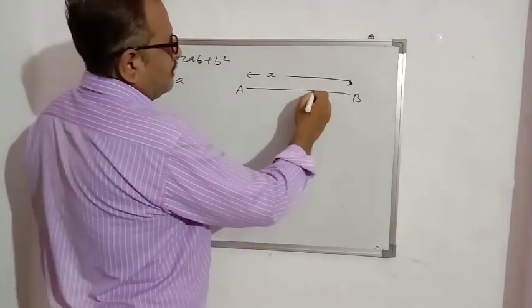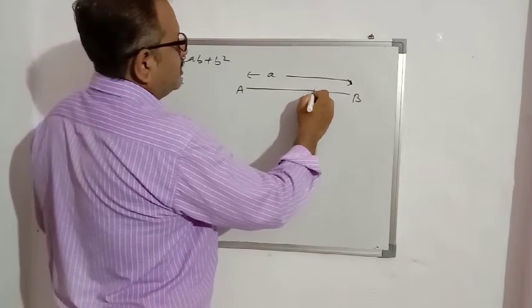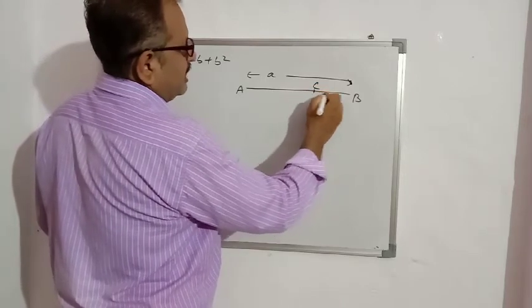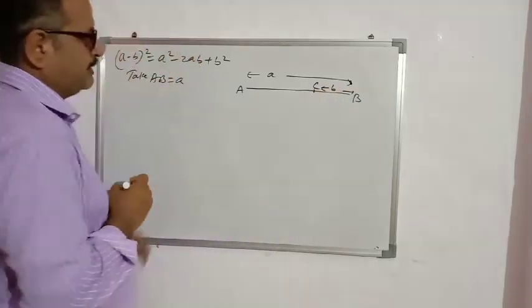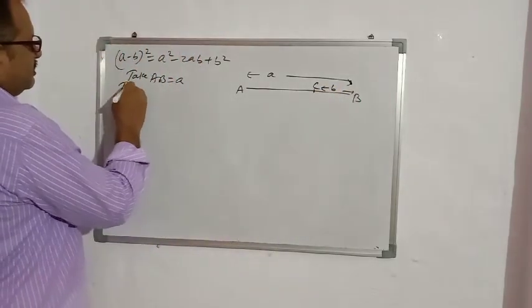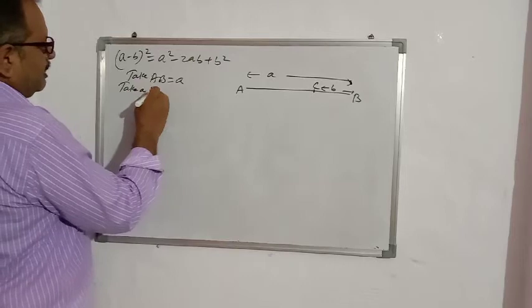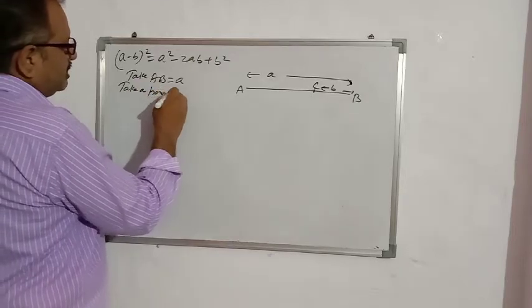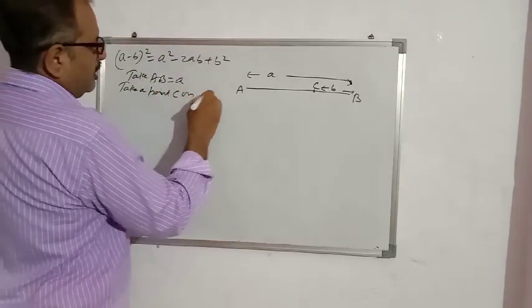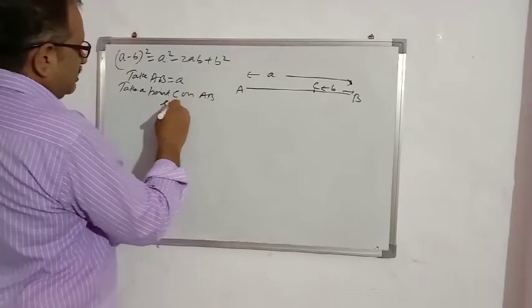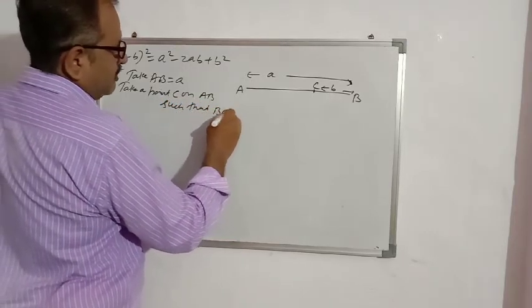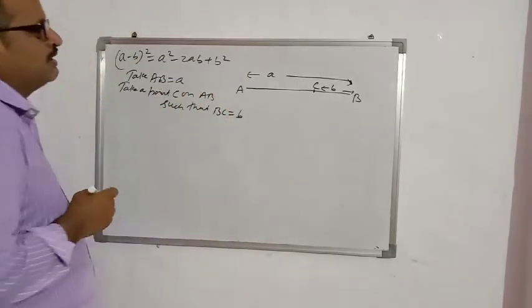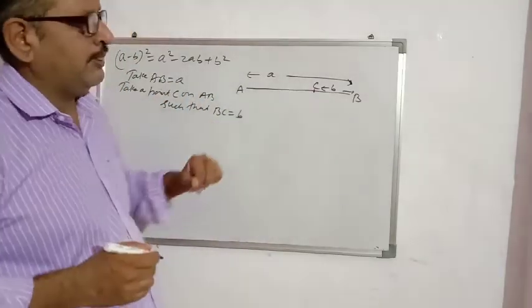Now we will take a point on AB, suppose it is C, such that BC is equal to b.